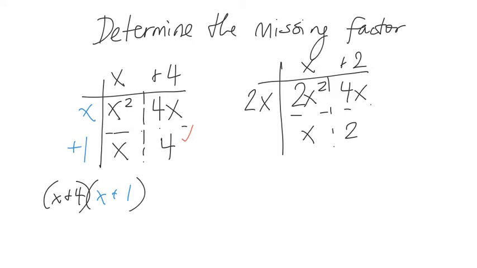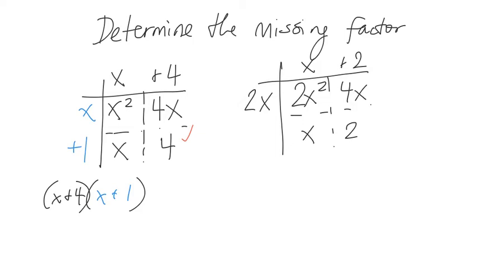I can check that I'm right, and it turns out that I am, because 2x times 2 is 4x. So I know this part is correct. Okay, let's go on. x is what's in my chart, and x times something has to give me x. Once again, that something has to be 1.